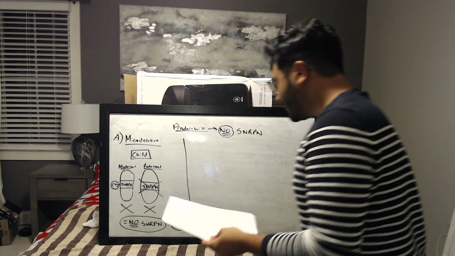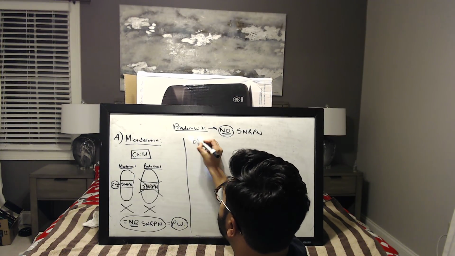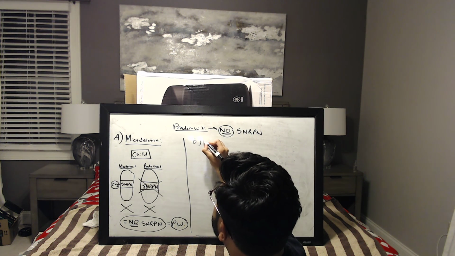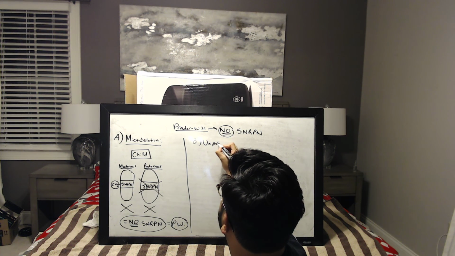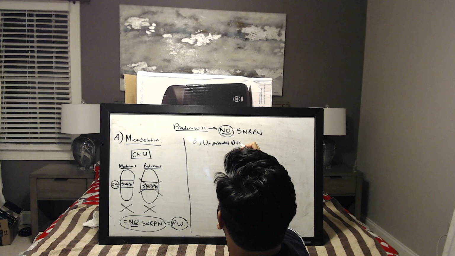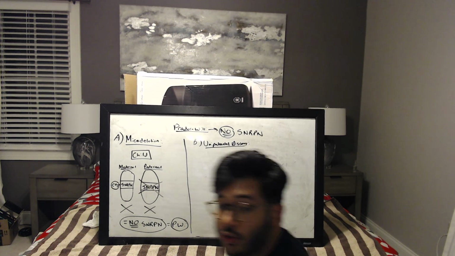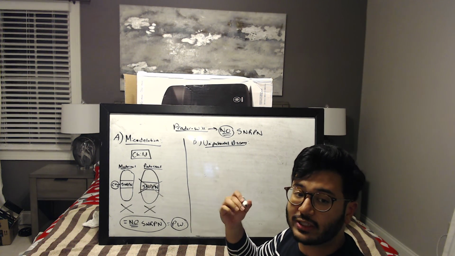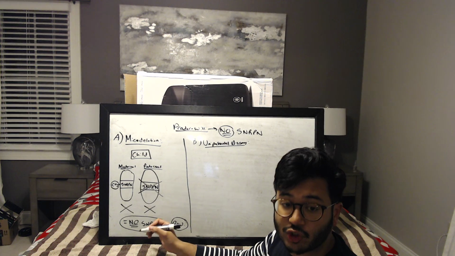Okay. So basically this is what's happening here. In the uniparental disomy, what you're getting is a child that also has no functional SNRPN.